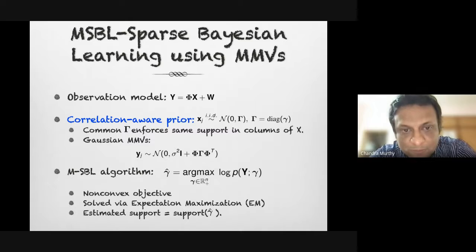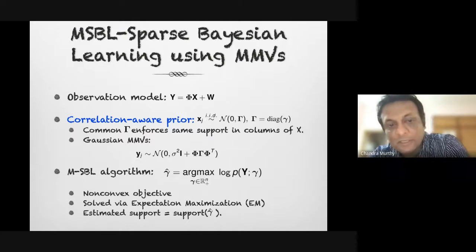Now, this correlation aware prior is one which assumes that these columns Xj, where Xj denotes the jth column of the matrix X, are independent and identically distributed according to a Gaussian distribution with zero mean and covariance matrix capital gamma. And this capital gamma is common across all columns of X. And this enforces that all columns will have the same support.